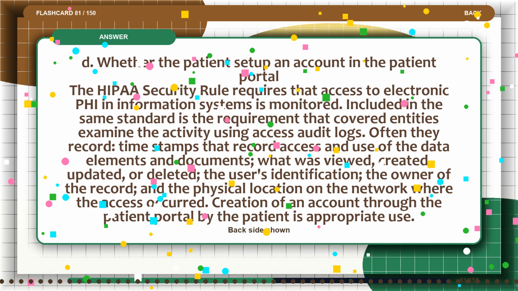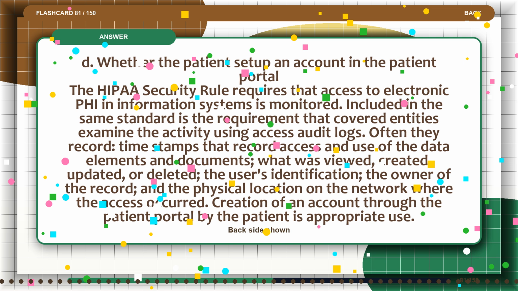The answer is D. Whether the patient set up an account in the patient portal. The HIPAA security rule requires that access to electronic PHI in information systems is monitored. Included in the same standard is the requirement that covered entities examine the activity using access audit logs.